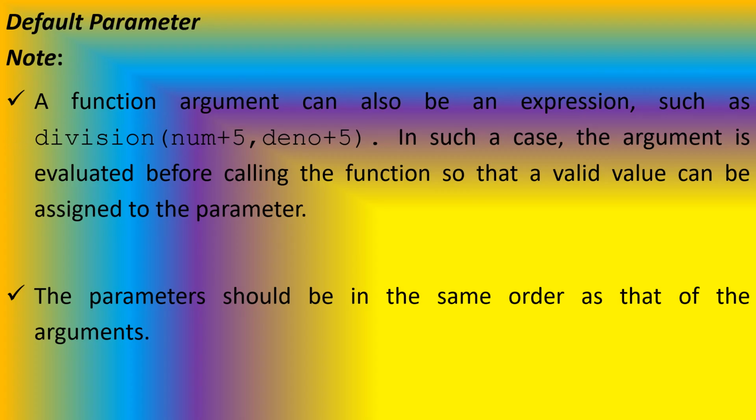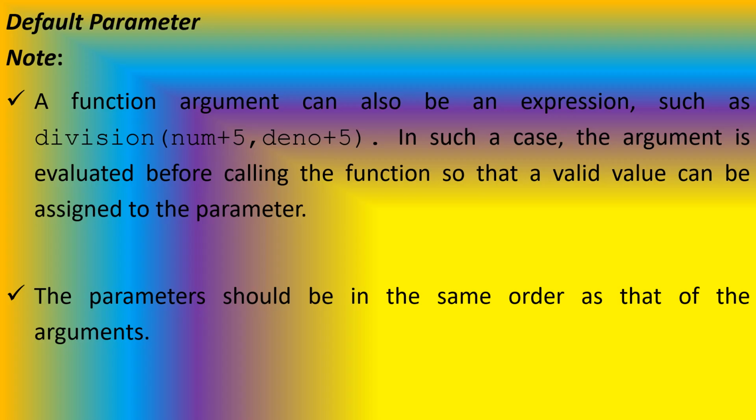Few important points to remember in case of a default parameter are: a function argument can be an expression such as division within brackets num plus 5 comma deno plus 5. So num means numerator and deno means denominator.